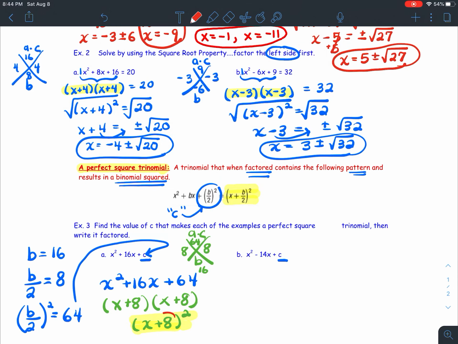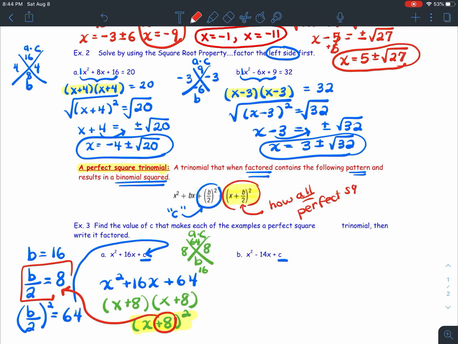Now, here's the trick. This number right here is always b divided by 2, which is what this is saying right here. That's how it looks factored.